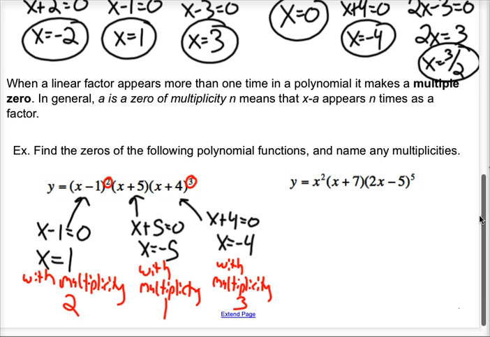Now, let's do another example. So here, remember, when there is just an x sitting out front, that means you have a solution of 0. And what does that squared mean? Well, that squared means it's a solution with multiplicity of 2.